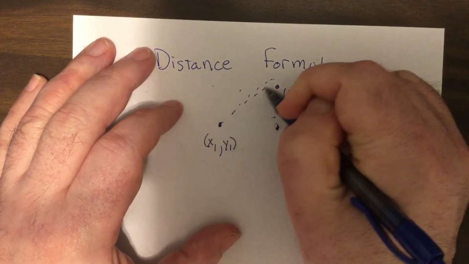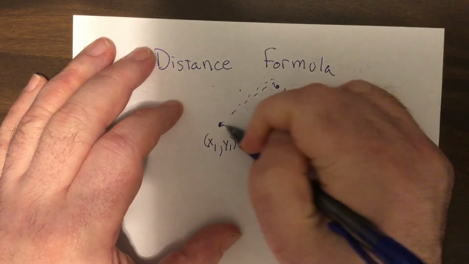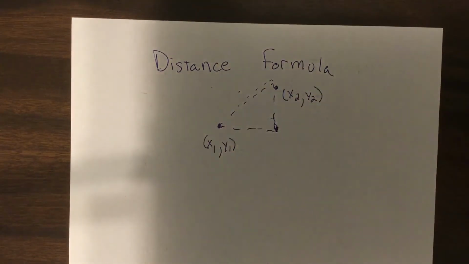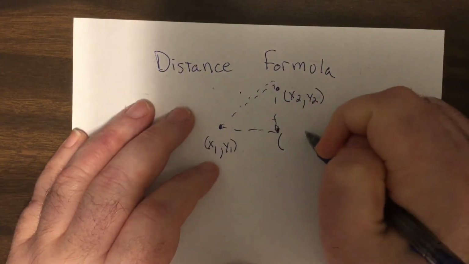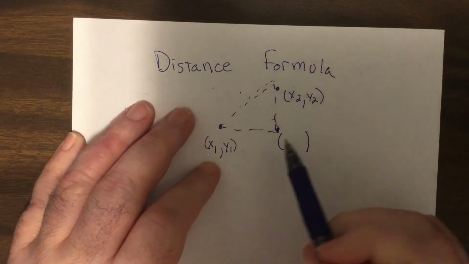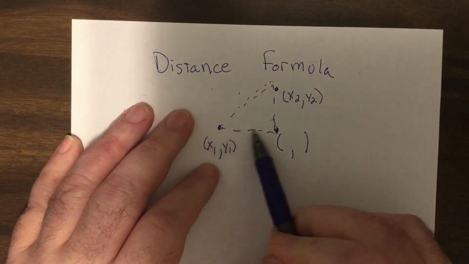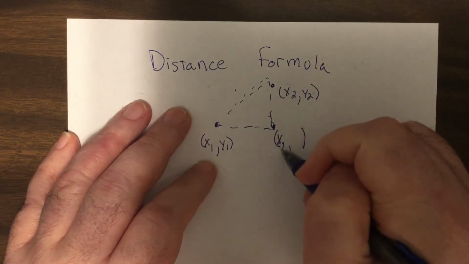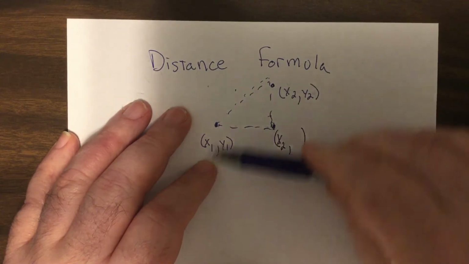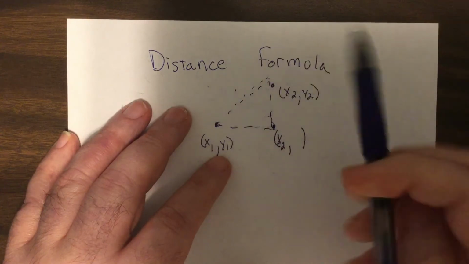So that would be our right triangle. Not a greatly drawn one, but I think you get the idea. So what would this point have to be? Well, you go over so far and directly below this, so this would be x2, and this is so high, so it'd be y1.